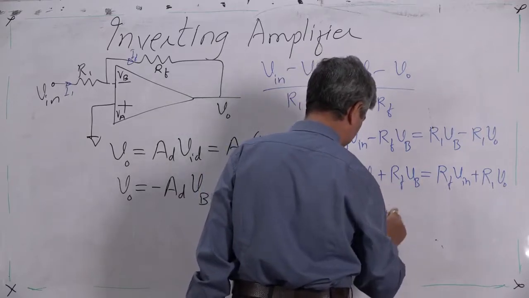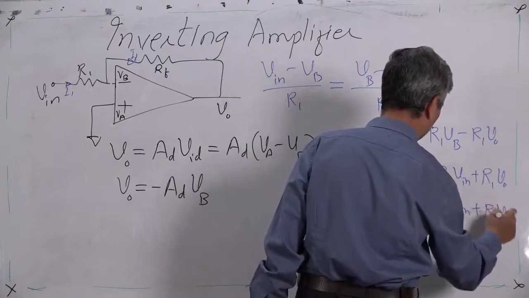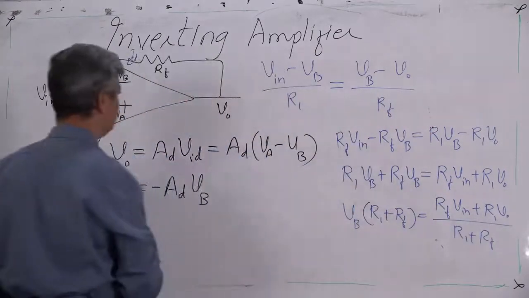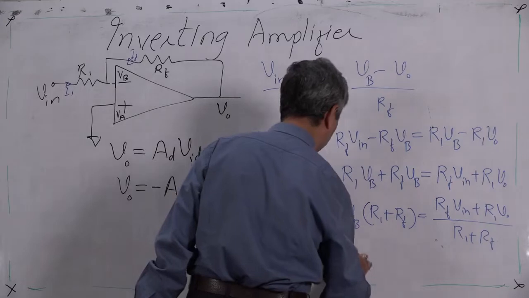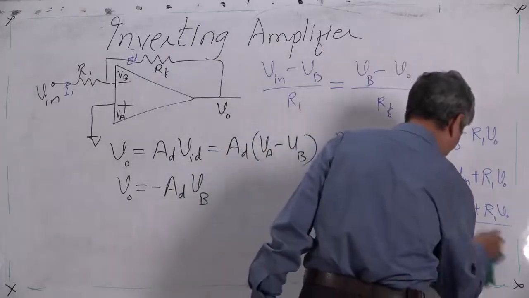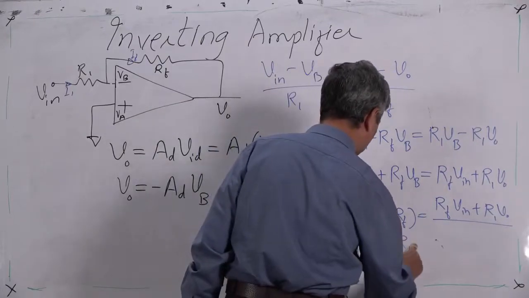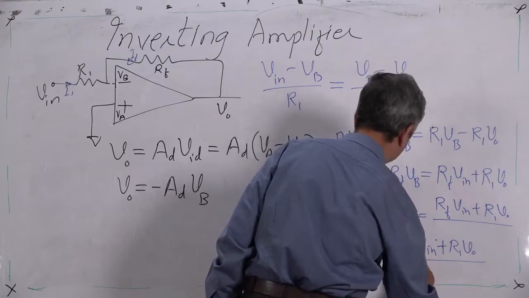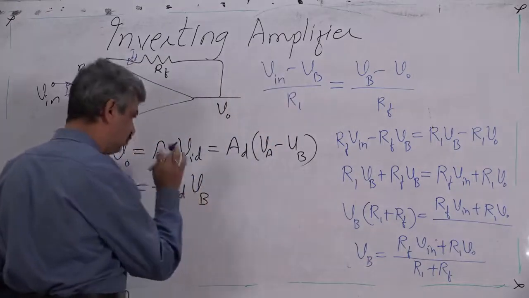So I just again rewrite, do not skip the step: VB is equal to RF Vin plus R1 VO upon R1 plus RF. This is the VB which we want to replace, so we do not want VB. So VB is equal to RF Vin plus R1 VO upon R1 plus RF.